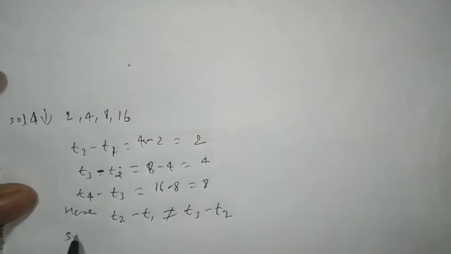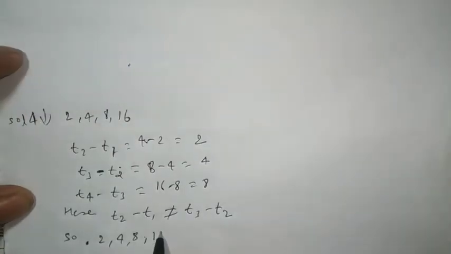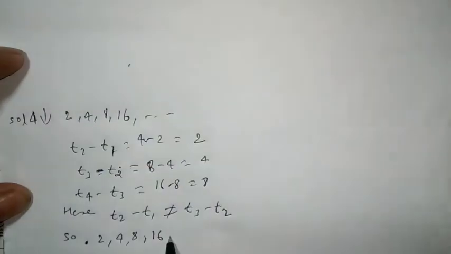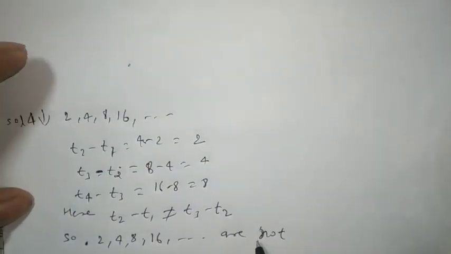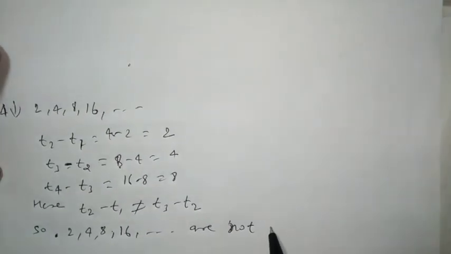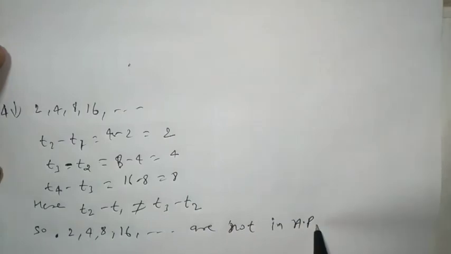So 2, 4, 8, 16 are not in arithmetic progression.